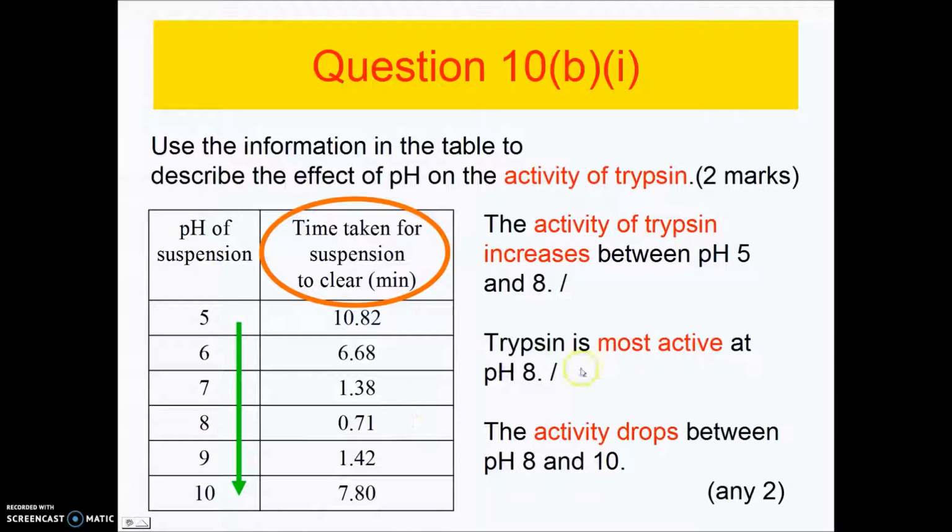At pH 8, the trypsin is most active, and between pH 5 and pH 8, the activity of trypsin increases. So you may think that, no, Mr. Leung, I'm just talking about the time taken, which is a kind of indication of the enzyme activity. Yes, it's an indication for the enzyme activity.